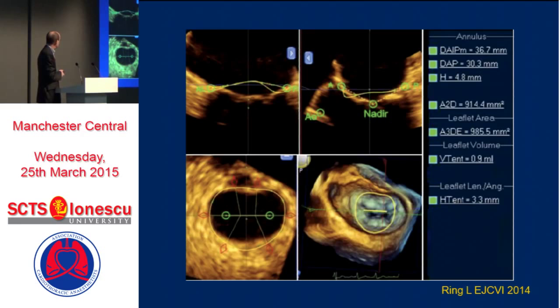You can measure the height of the annulus, the area of the annulus, and total leaflet area. You can measure the tenting volume of the valve, and various ratios of these. So using 3D reconstruction, you can get a detailed three-dimensional image of the valve and an understanding of why it leaks.